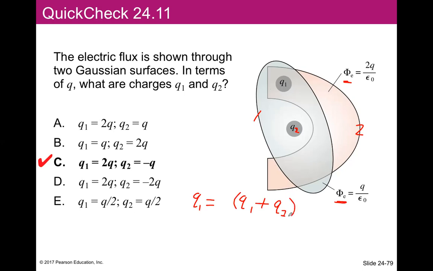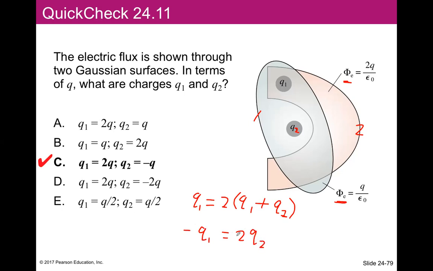Q1 plus Q2 is the net charge in surface 1. It's half of the net charge in surface 2, so it equals 2 times Q1 plus Q2. And then you will get negative Q1 equals 2 Q2.